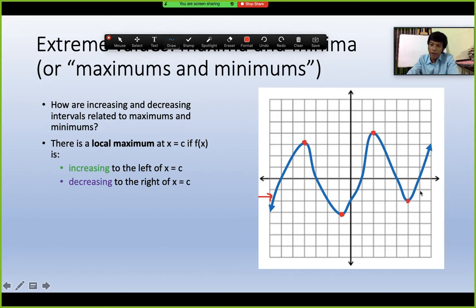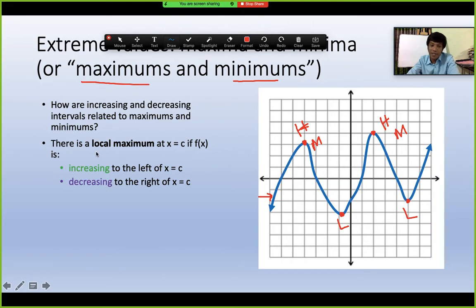So in a graph we can see that there are some lowest points and some highest points. These points are maximums because they are higher points, and we can call the others minimums. This is a minimum for this locality.